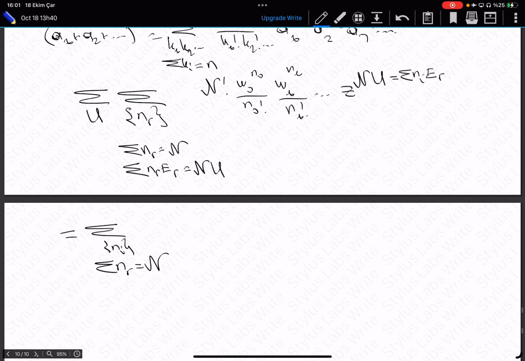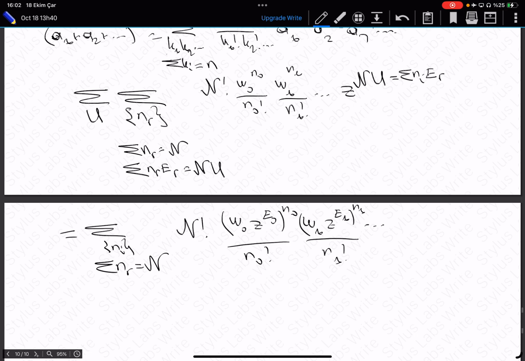So those two sums are actually just a single sum with a single constraint. Inside, I have n factorial, omega_0 z to the power E_0 to the power n_0, omega_1 z to the power E_1 to the power n_1, divided by n_0 factorial, n_1 factorial, etc.